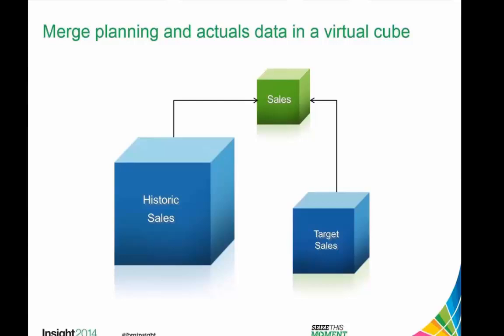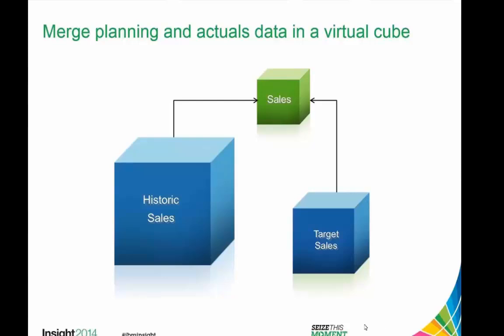And those two underlying cubes can be two base cubes, as shown here in the color blue with the historic sales and target sales, or they can even bring together another virtual cube and a base cube, or even two virtual cubes together. But it's basically bringing together exactly two cubes into a virtual cube.